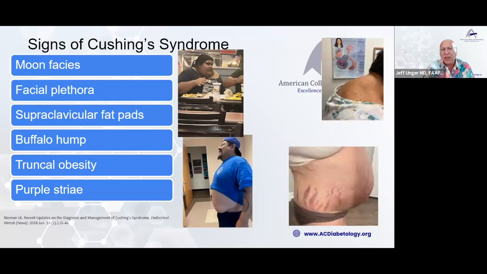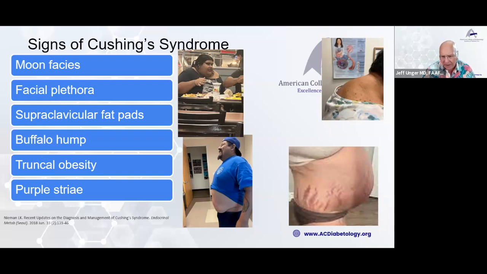So these are some of the things we see, and you can look all over and find these people, not in your office, but you could just look at a mall. You can look at the patient on the top left there. The way you look at facial plethora, look at them straight on. If their face is big and you cannot see their ears, they have something called chipmunk faces. And these are the people that pretty much have hypercortisolism as well.